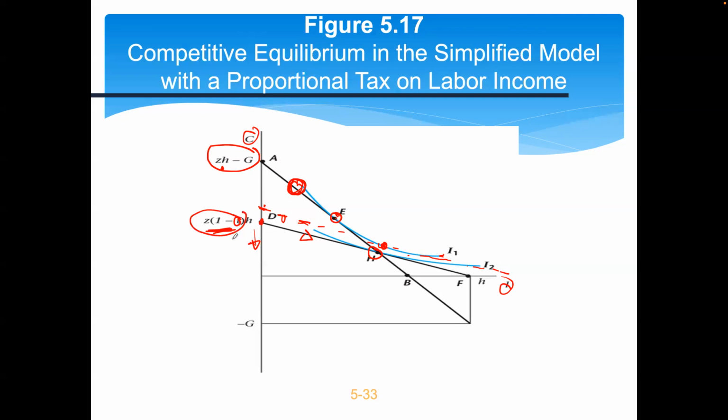Meaning the leisure becomes less expensive. Hence, you're going to increase the leisure, so it goes to here. On the other hand, when you move from this dotted line to this solid line, there is a negative income effect, and so you're going to reduce C and reduce L, reduce leisure. So that's how we get here.